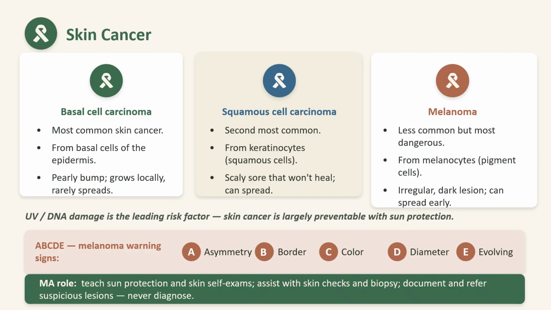Diagnosis is confirmed with a biopsy. Your role on the green bar, teach sun protection and monthly self-exams, help set up and assist with skin checks and biopsies, and document and flag any suspicious or changing lesion so the provider can evaluate it. You as the MA never diagnose, but a good catch and a clear note can change everything.